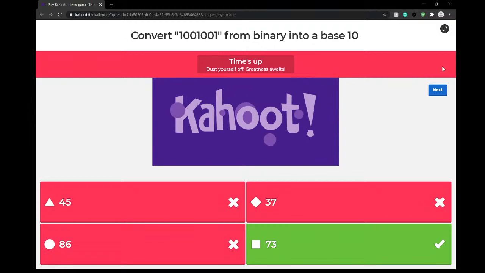If you add that together, that's 72 plus 1 equals 73. Let me correct that: you don't need to have 8, you just need to have 7 in this case. Just make sure you know where to place the numbers, otherwise you'll get the wrong answer.